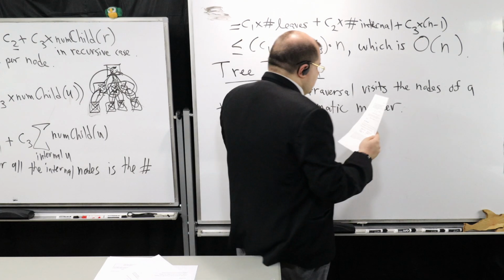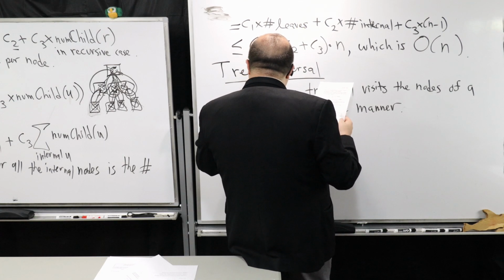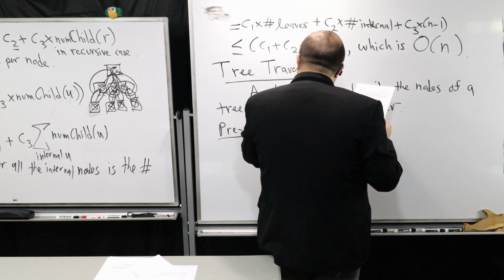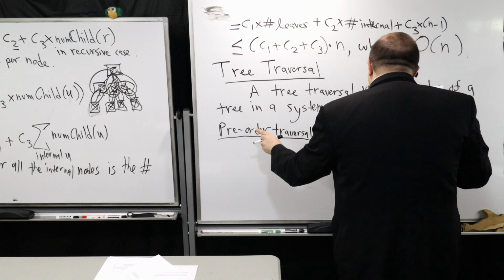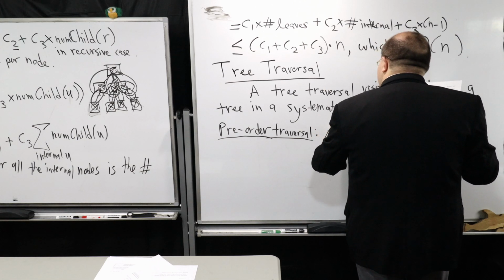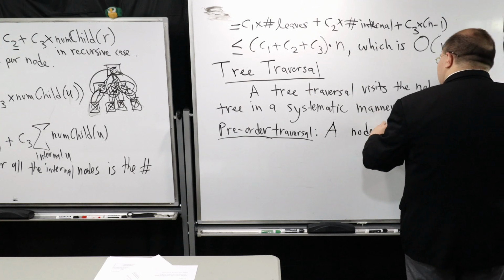So let me define a couple of these and we'll play around with them. So the first one is what we call a pre-order traversal. The prefix pre should give away what we're going to try doing. And they're all going to be defined like this in a recursive manner. So a node is visited.